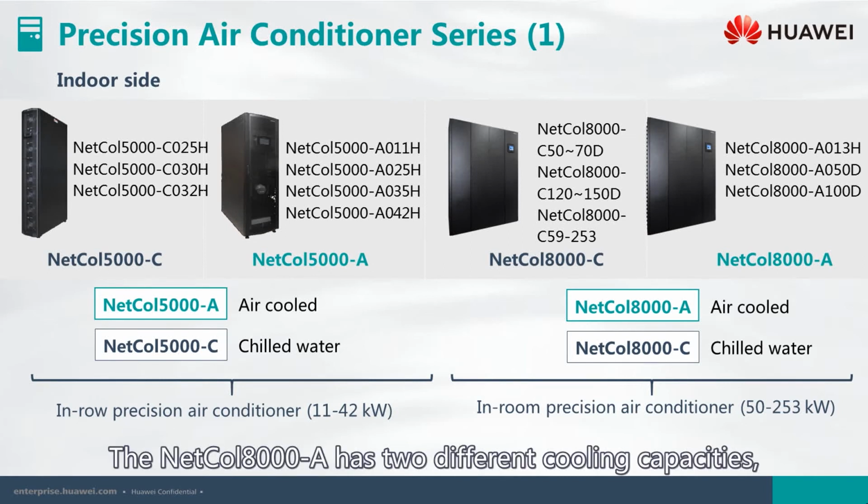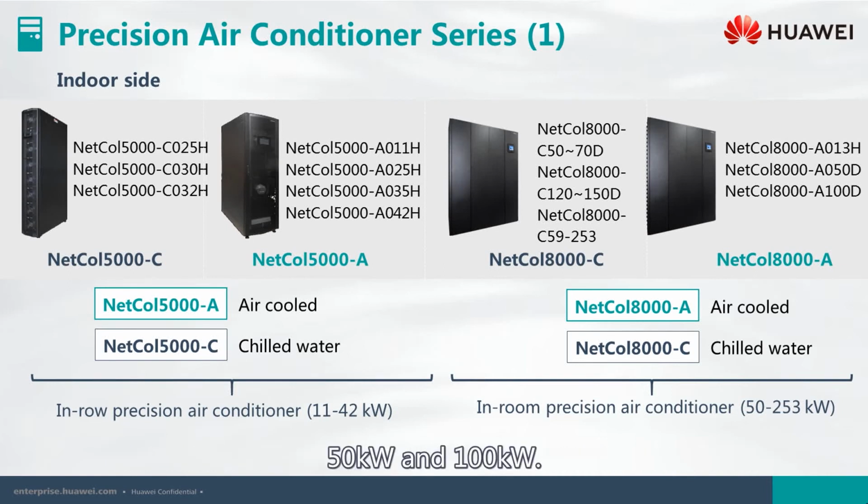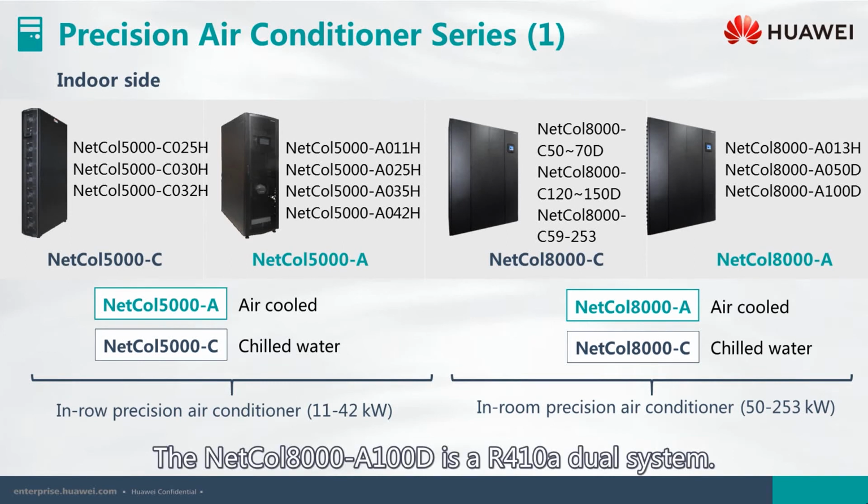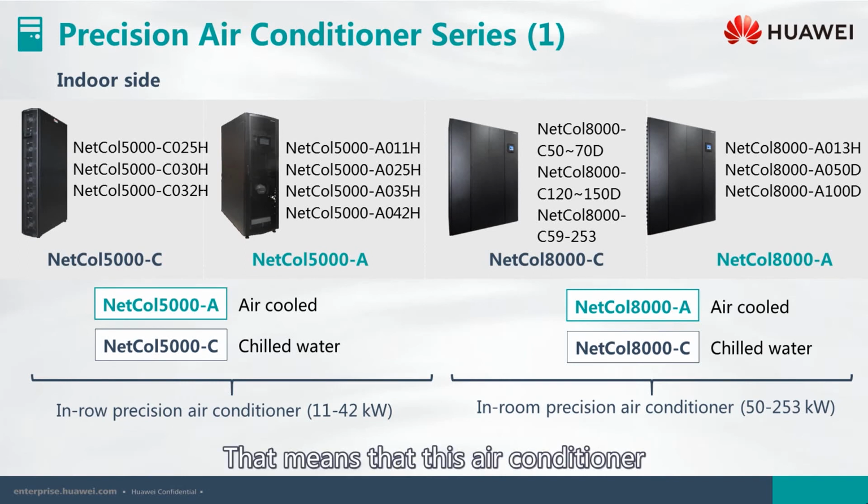The Netco 8000A has two different cooling capacities, 50 kilowatt and 100 kilowatt. The Netco 8000A 100D is a R410A dual system. That means that this air conditioner has two independent refrigerant systems.